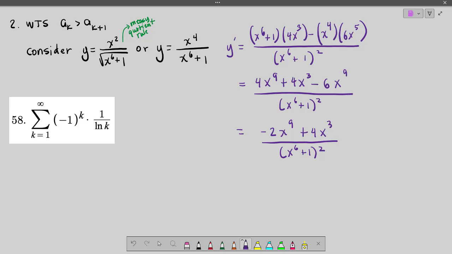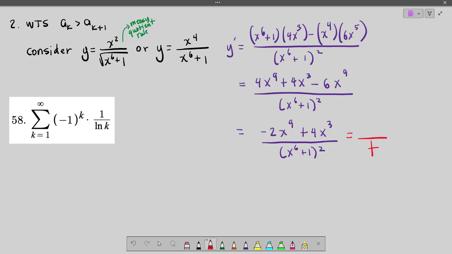Okay. Is the denominator positive or negative? Denominator is always positive. Everyone agree? Denominator is positive. We're imagining large values of x, positive values of x. Is the numerator positive or negative? Negative.